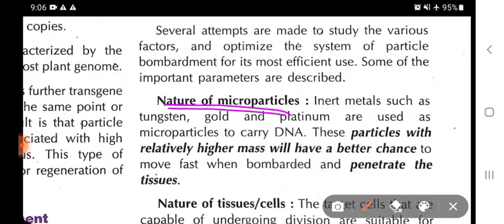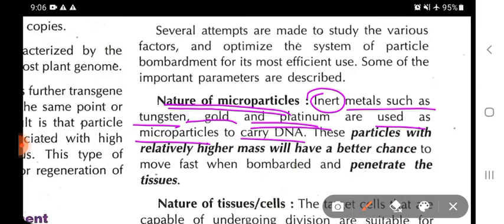The microparticles are made from such metals or non-metals which are inert in nature. Inert means non-reactive. It should not interact with the cell membrane, or with the plant cell or animal cell. So inert materials are used like tungsten and gold. Sometimes platinum can also be used in microprojectiles to carry your DNA.